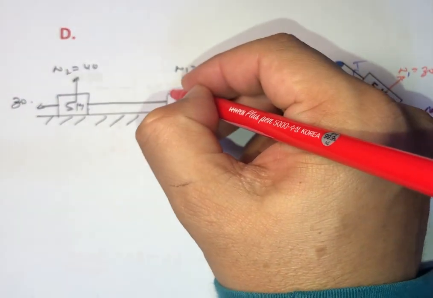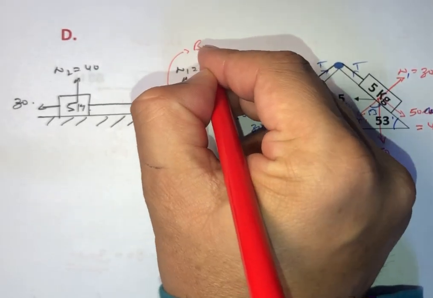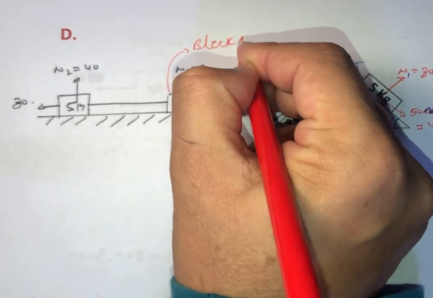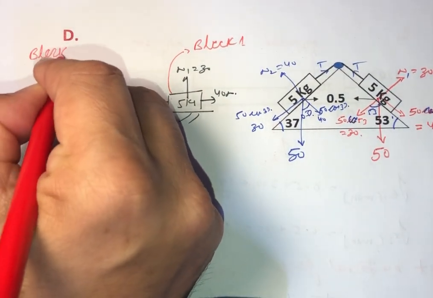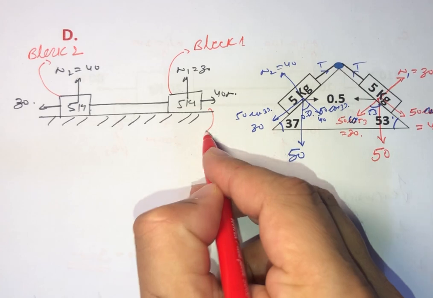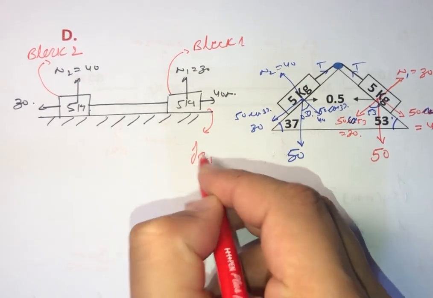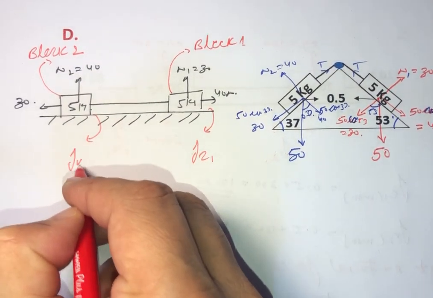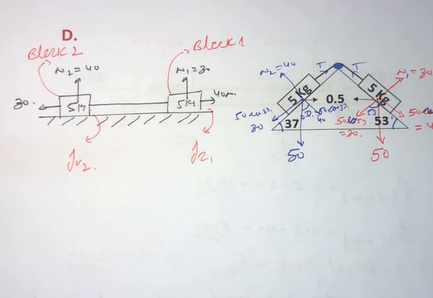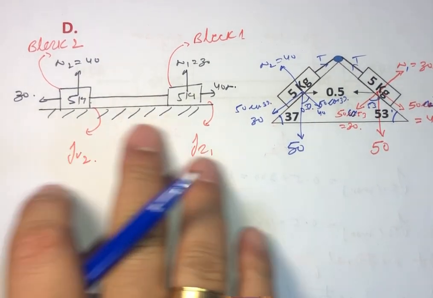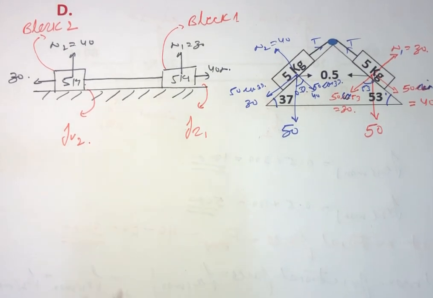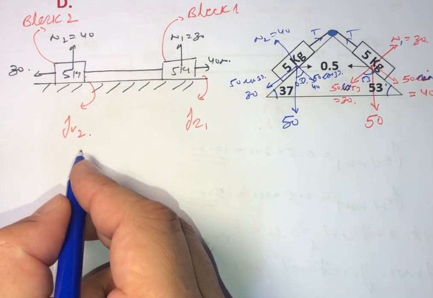So let us call this block 1, and let us call this block 2, and here it is FR1 and here it is FR2, because there is no movement in the vertical direction, so we draw it as a horizontal object.